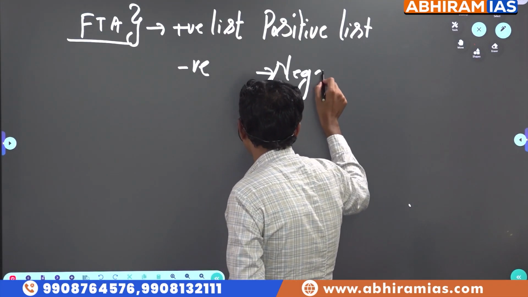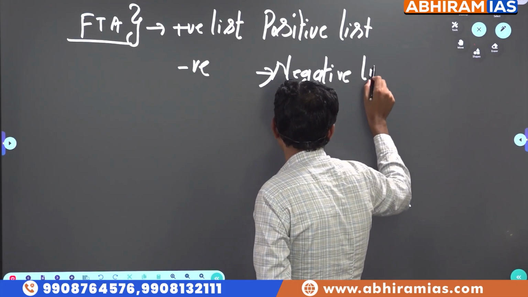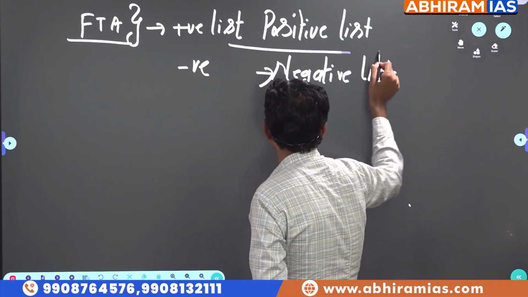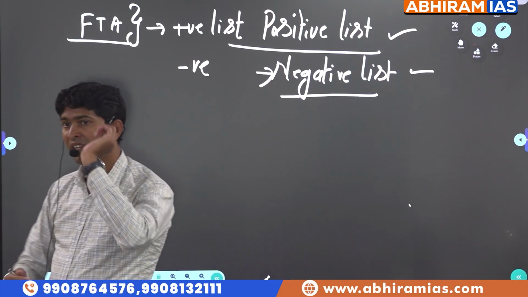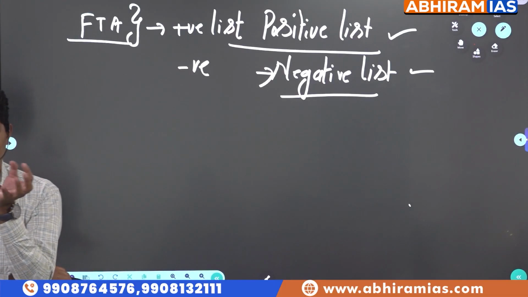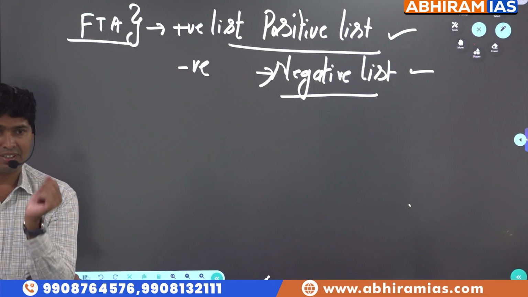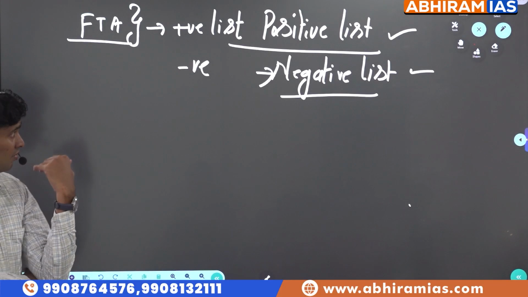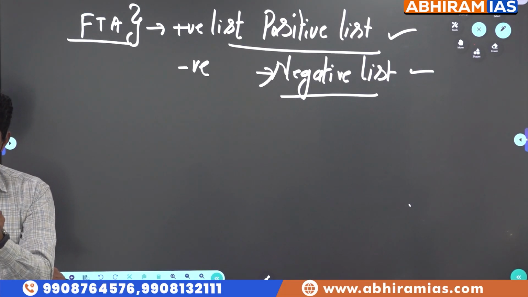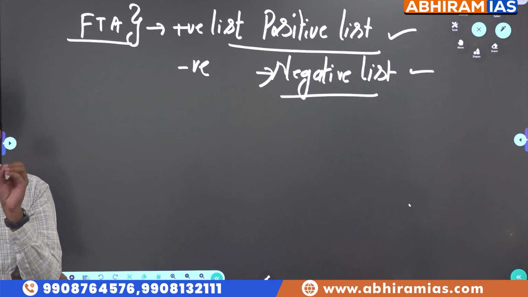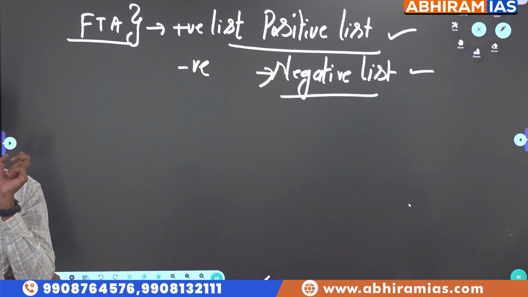In any trade agreement, the goods which are covered as part of trade agreement is called as positive list, which means if India signs any trade agreement with any country, suppose India and Sri Lanka sign some trade agreement, the goods and services which are covered as part of trade agreement is called as positive list.